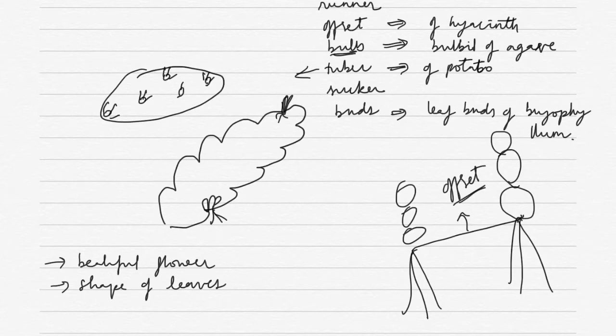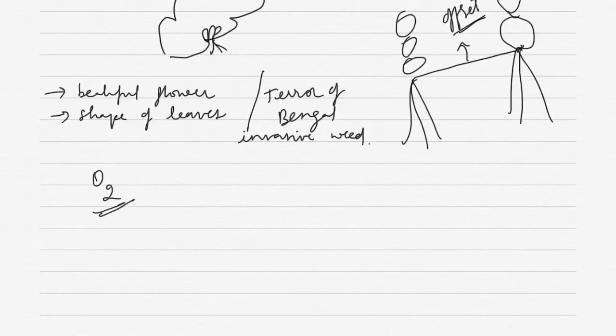This is also called terror of Bengal. This is an invasive weed. It can grow so invasively that it drains oxygen out of the aquatic body, and then it leads to the death of other aquatic organisms like fish, etc. So it is very difficult to get rid of it, and that is why the name invasive weed or terror of Bengal.